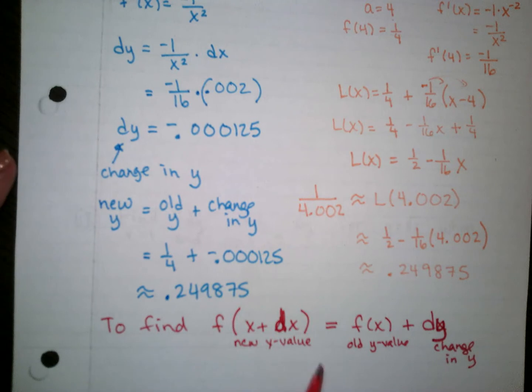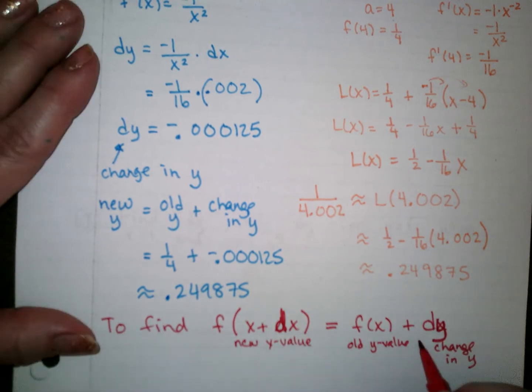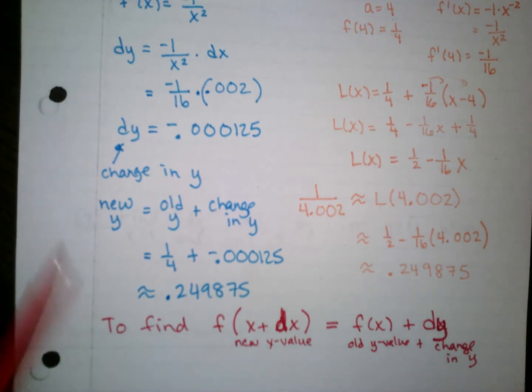So our new y value is going to equal our old y value plus the change in y, which is what we set up here. So f of x plus dx, new y value, equals f of x, old y value, plus dy, which is the change in y.